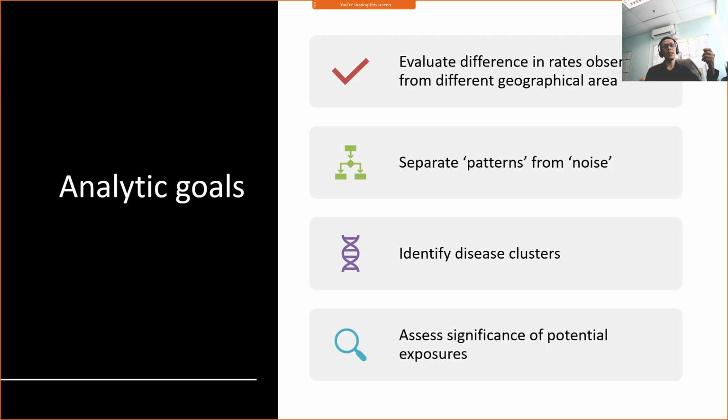Next, almost similar, is to identify disease clusters. Okay, you can take or geocode patients with dengue, and then look on the map, do some spatial data analysis, and look for any clustering of dengue, or maybe COVID.